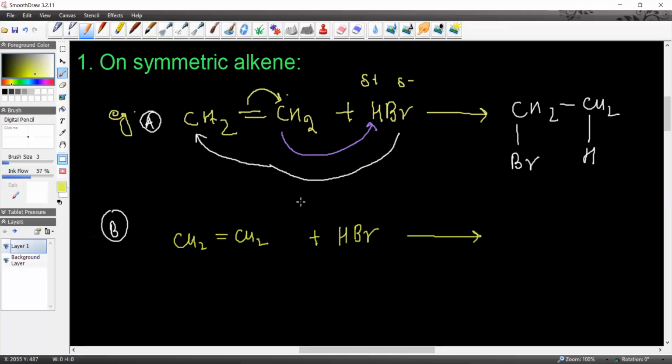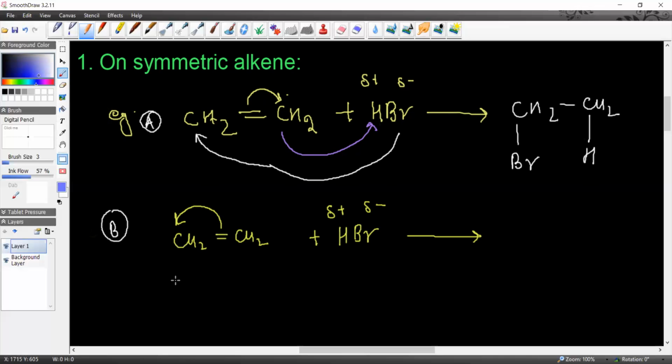In a similar manner, this hydrogen acquires a partially positive charge and this bromine acquires a partially negative charge. Now let's suppose that the pi electrons of this pi bond move in this direction. In this situation, this carbon gets electron rich in nature, while this carbon is electron deficient in nature. Good?